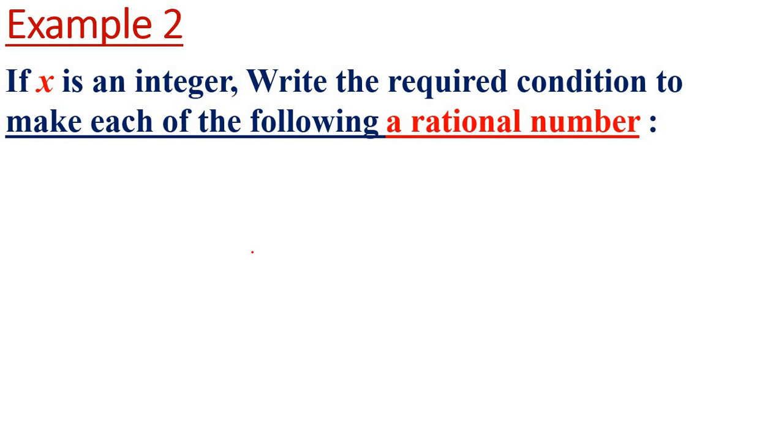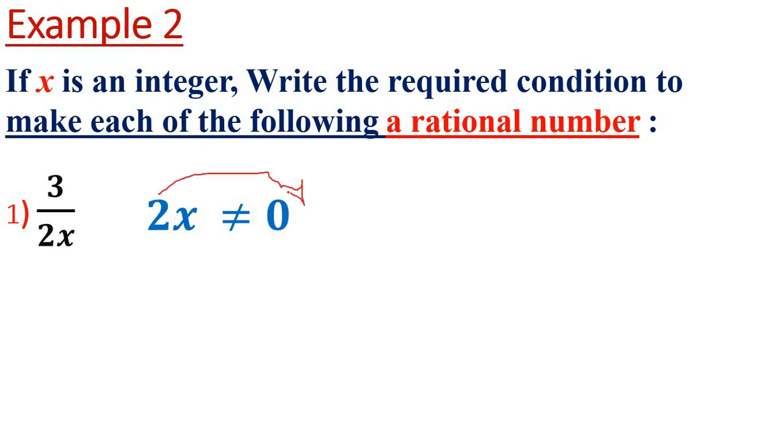Example number 2. If x is an integer, write the required condition to make each of the following a rational number. 3 over 2x, to be a rational number, the denominator must not equal 0. So 2x does not equal 0, take 2 from here to here by division, and x will not equal 0.